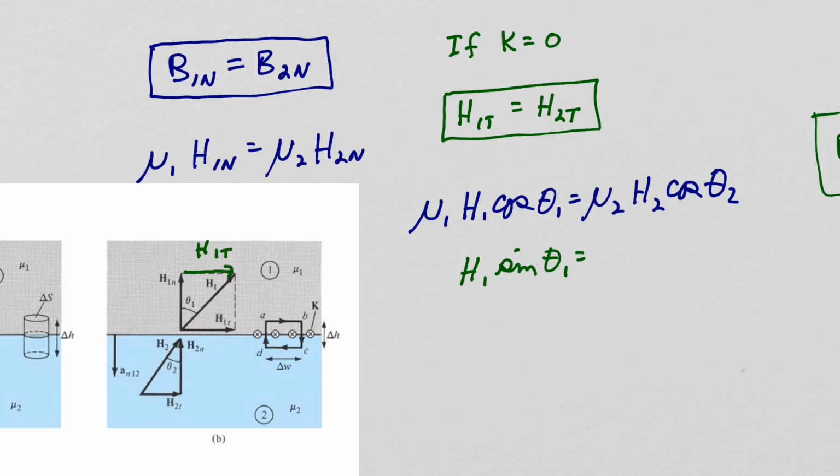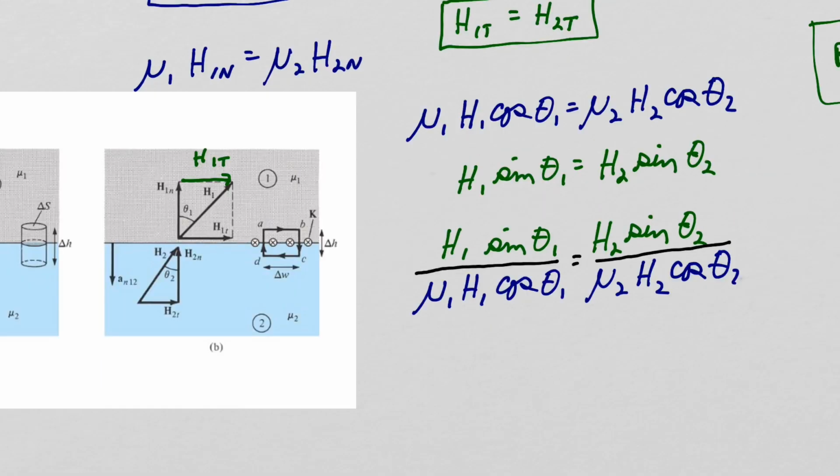Let's now take this equation and divide it by this equation. On the left-hand side of the equation, we will cancel the H sub 1's, and on the right-hand side of the equation, we will cancel the H sub 2's. Let's rewrite the sine over the cosine on both sides of the equation as the tangent of theta sub 1 on the left side and tangent of theta sub 2 on the right side.